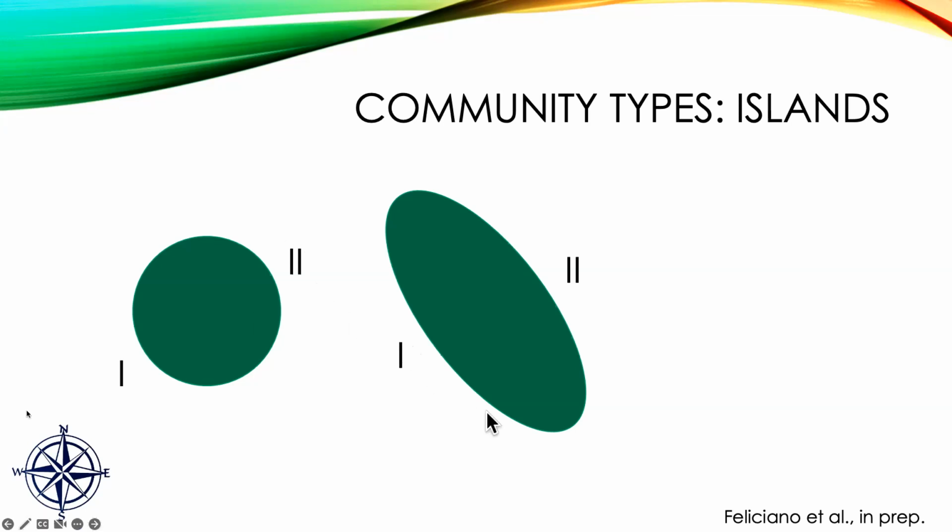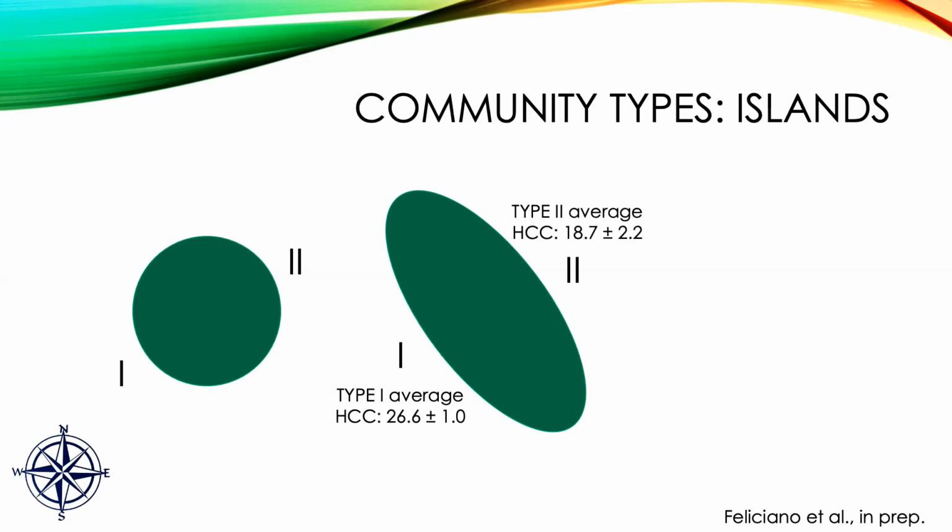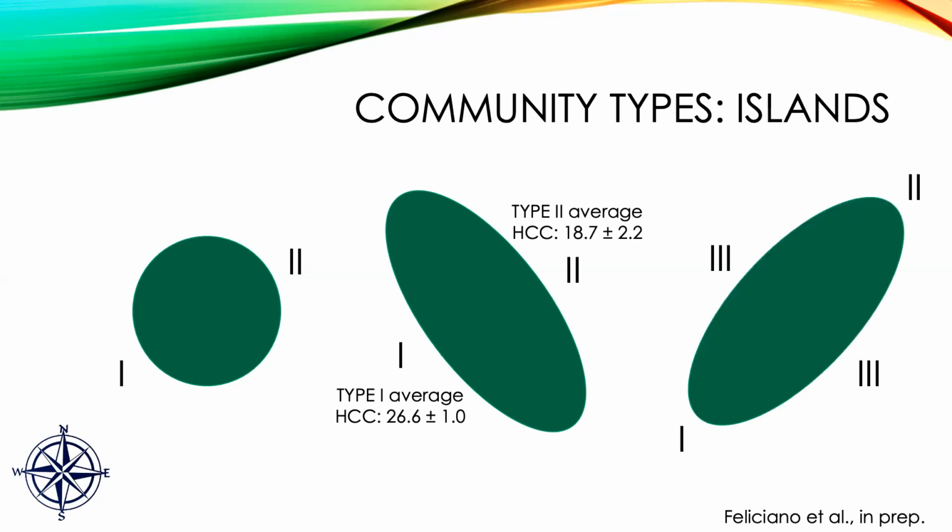Mas malaki yung type 1, mas malaki yung type 2. That means na if you apply the averages, you should expect na mas mataas yung cover dun sa southwest side compared to the northeast side. And if you have a type 3 that does not face the monsoons, that tend to be more wave sheltered, the cover will be even higher.